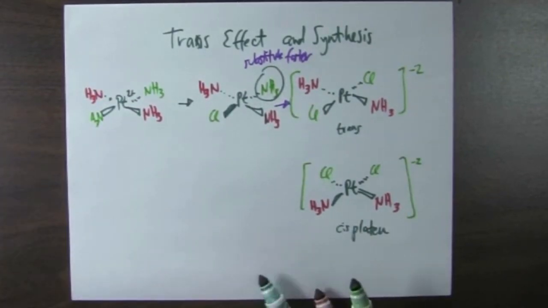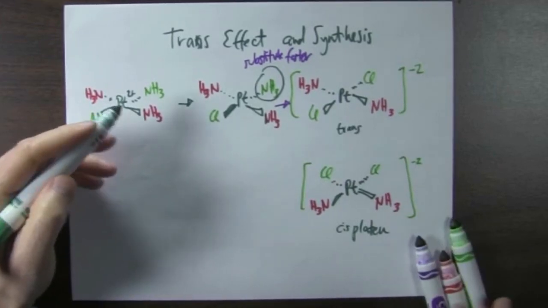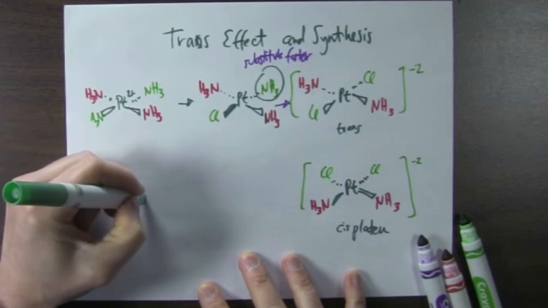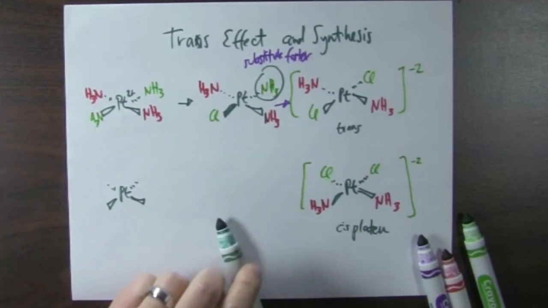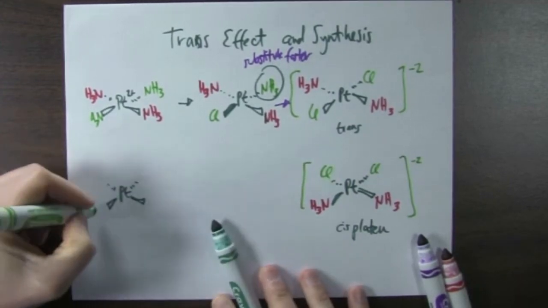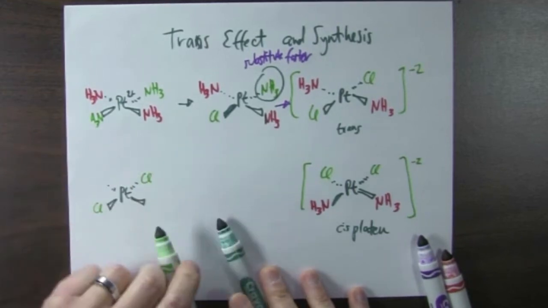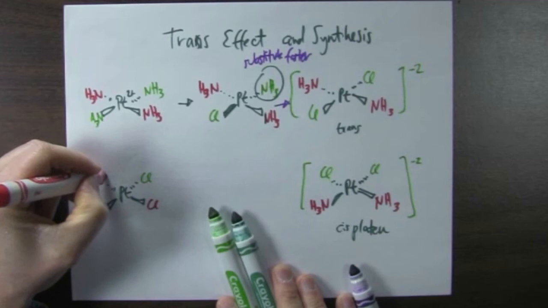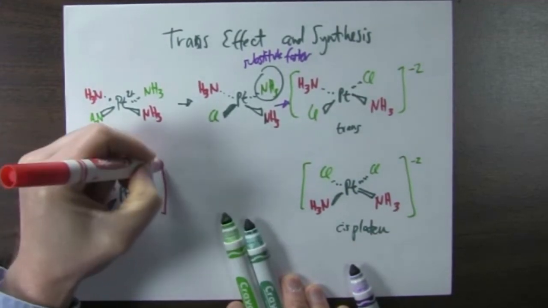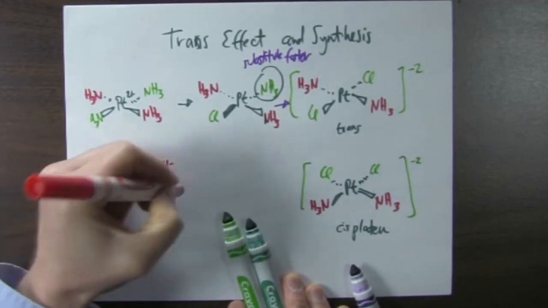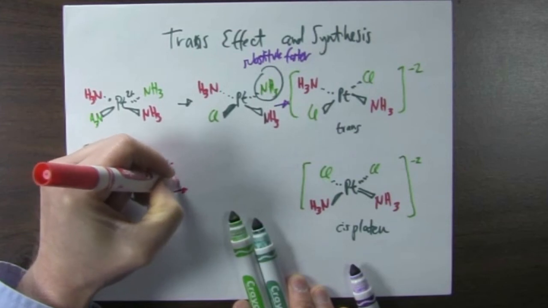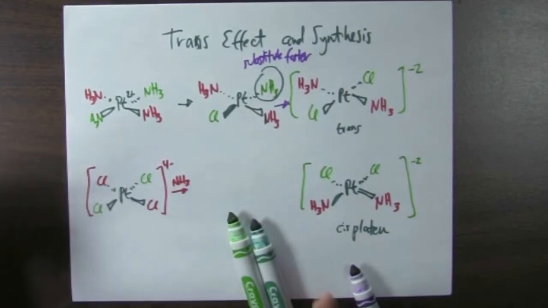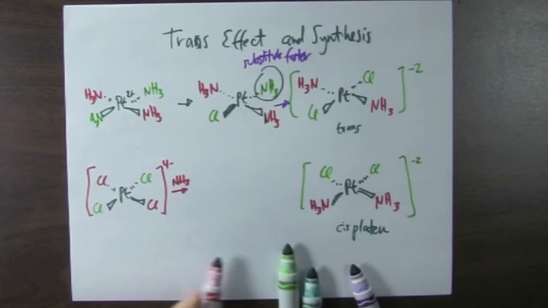Let's start then instead with the tetrachloroplatinate. And when we substitute one ammonia here, again, it doesn't matter, all four chlorides are equivalent.